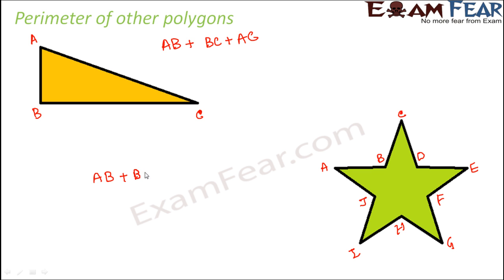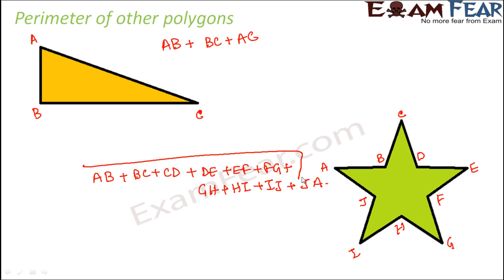That is AB plus BC plus CD plus DE plus EF plus FG plus GH plus HI plus IJ plus JA. So you sum up the lengths of all the sides of the star. So how many sides are there?